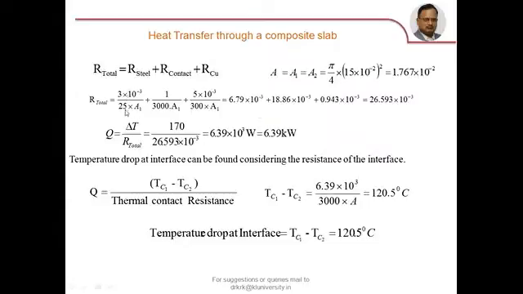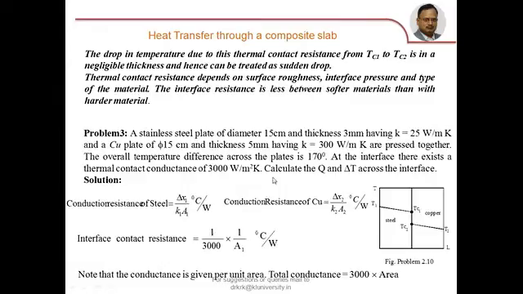And R total is del X1 by K1 A1 plus 1 by conductance plus del X2, 5 mm, by K2 A2, and the R total is 26.593 into 10 power minus 3 Kelvin per watt. Now once you know R total, you can get the heat transfer across the plates, delta T by R total, which is equal to 6.39 kilowatts.